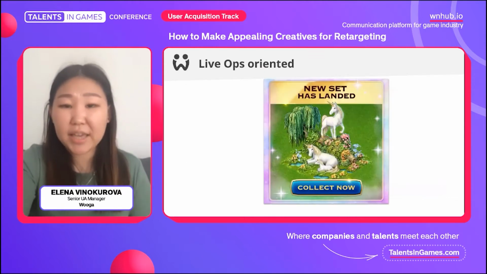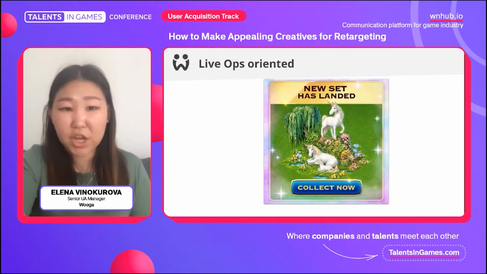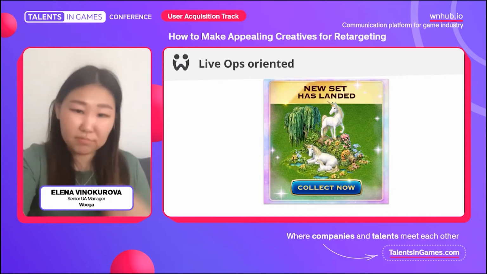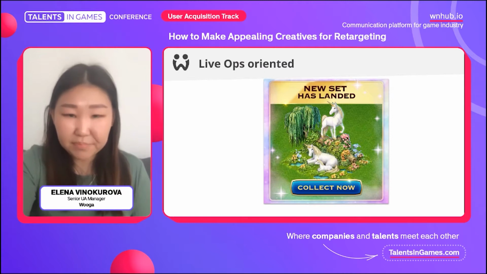In our case, we have a decoration which we change every single month, so users have the ability to have some new decorations on their beautiful island. And we created a specific retargeting creative to show users this LiveOps event.